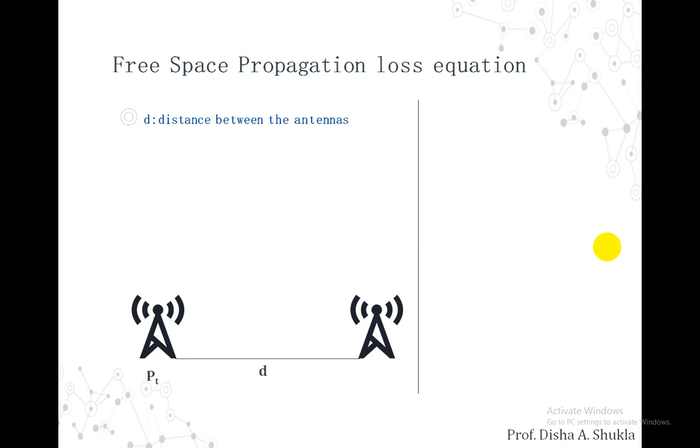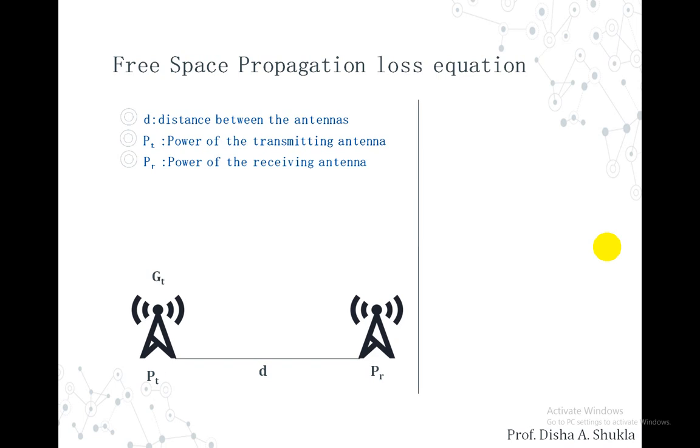Now PT is the transmitting power of the transmitter, that is the power of the transmitting antenna, and we have another variable, that is PR. PR will be the power of the receiving antenna. Whenever the transmitting antenna is transmitting a signal, it will be sending it with a particular power, called PT, and the receiving antenna will receive the signal with some power called PR.